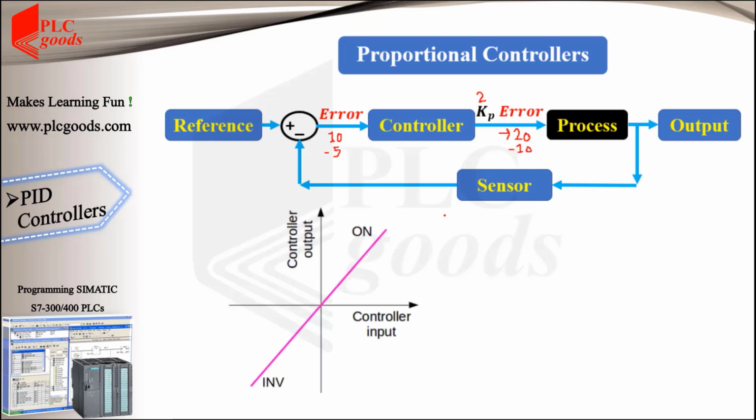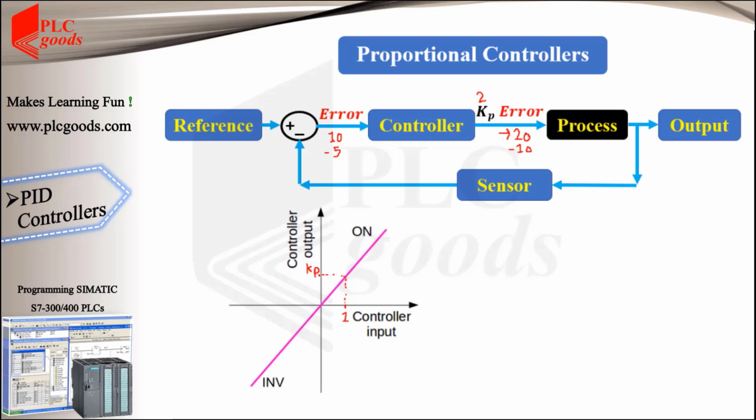The performance of a proportional controller can be explained based on the below diagram. Notice that as shown on the diagram, the error value as the controller input is multiplied by a constant number Kp. In practice, we need to consider some limitations for the output of the proportional controller.